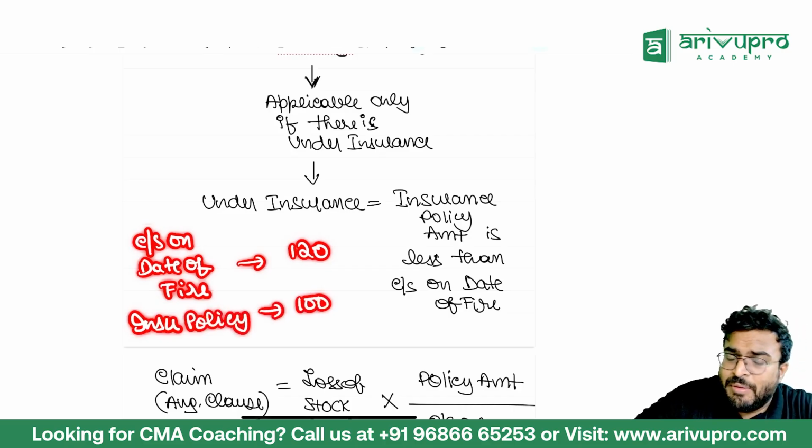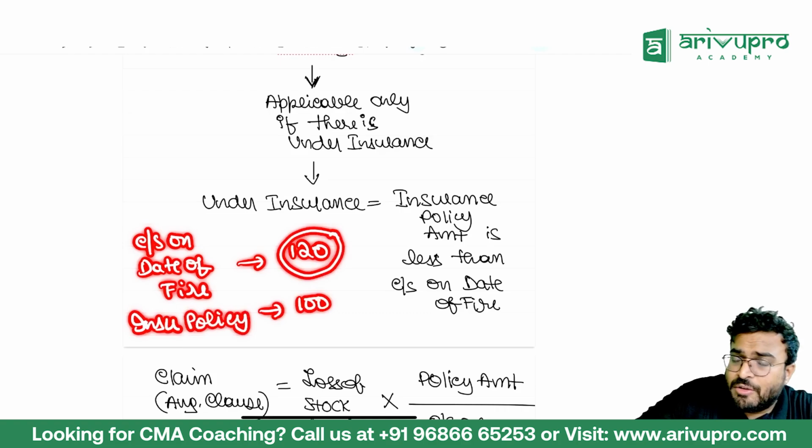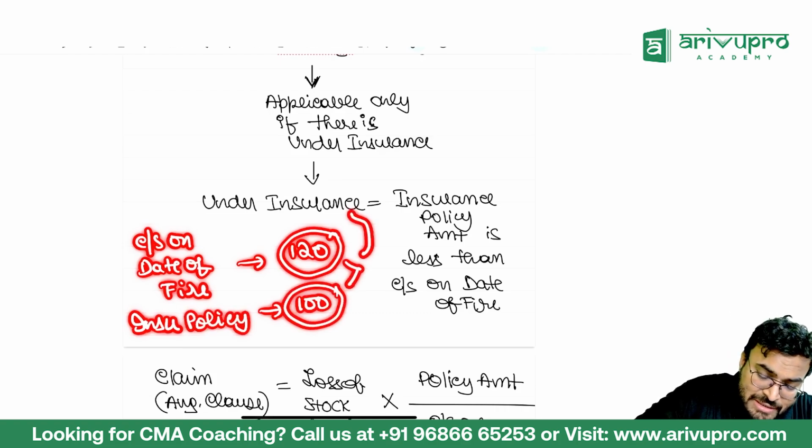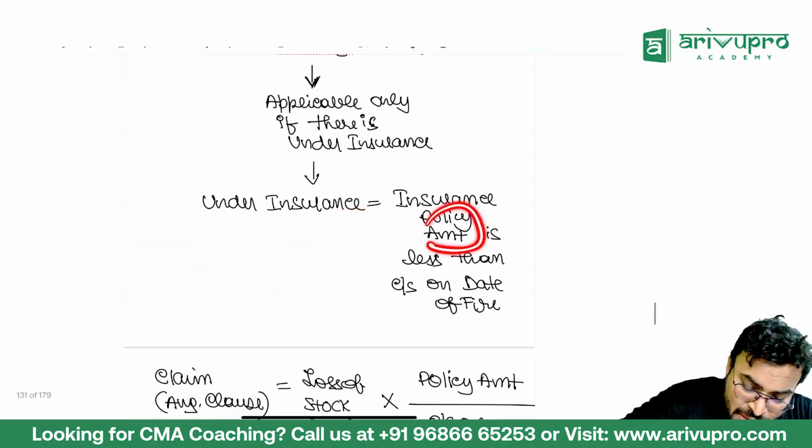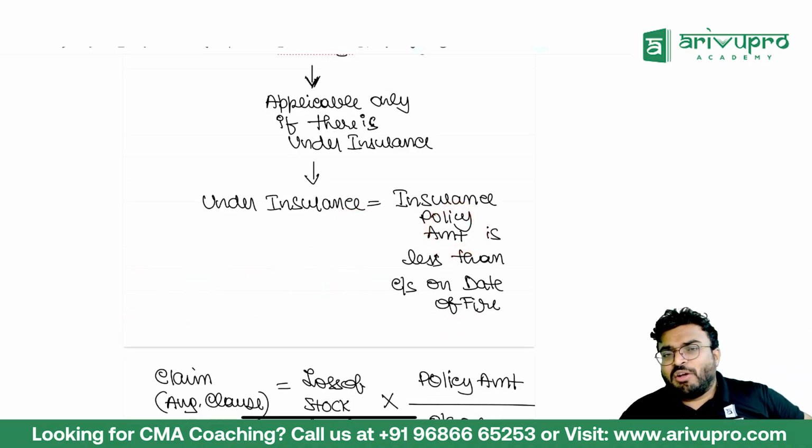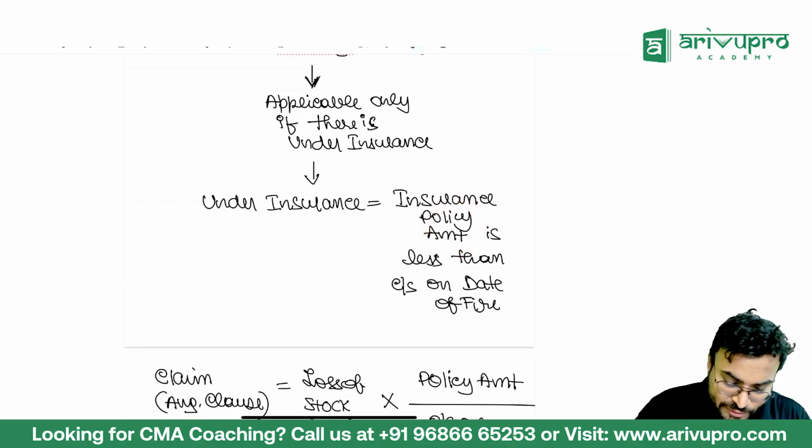Is there a problem? Yes. You have this much stock, but you took a policy for only 100. That is called underinsurance. That means the policy amount is less than the closing stock on the date of fire. Clear?